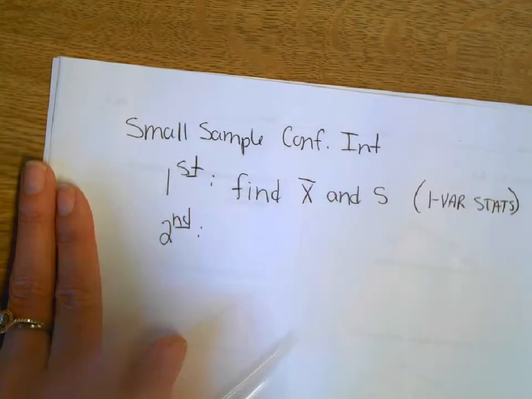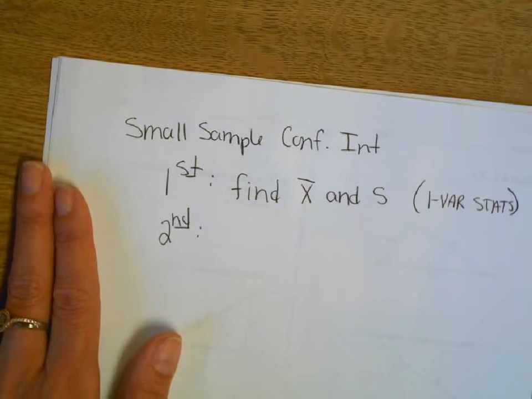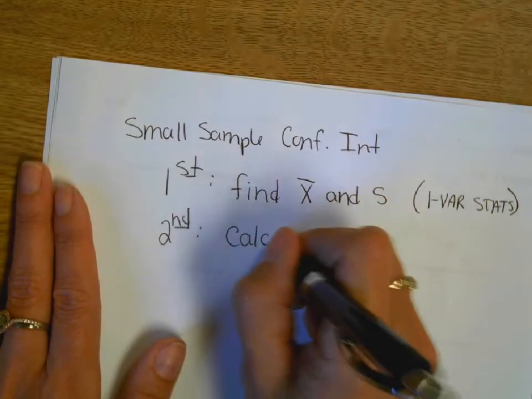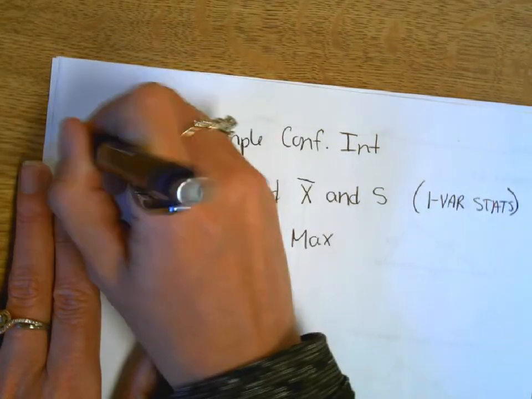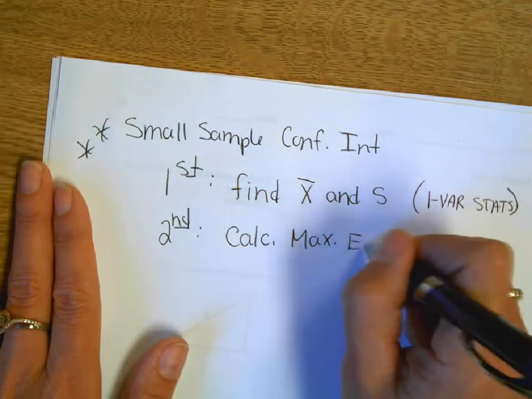Okay, was S your standard deviation of the sample? Yes. Okay, then you calculate. Is this something we're gonna wanna put on your check card too? Yes. Definitely put this right after that beginning stuff. Calculate the max error.